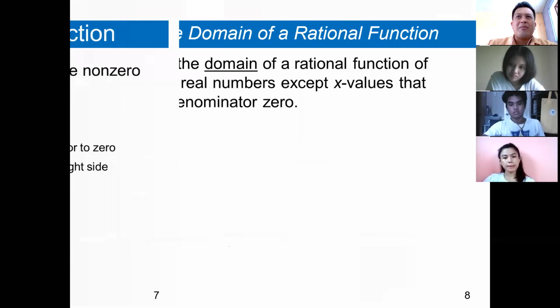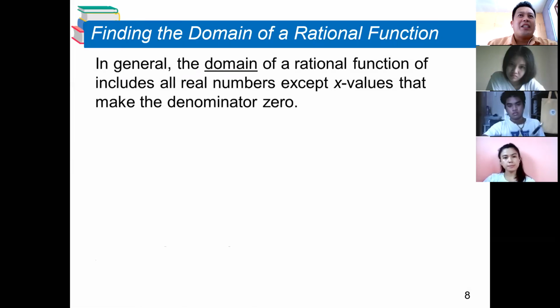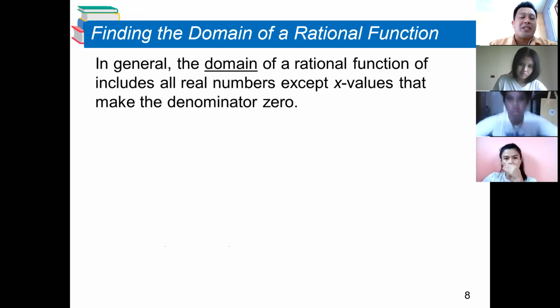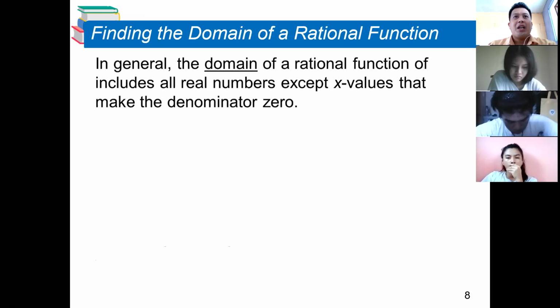So when you talk about the domain of your function, class, the domain of a rational function includes all real values, negative and positive values, fractions, decimals, all real numbers, except for the imaginary numbers, of course, which will make the function real, except for the values of your x that will make the denominator a 0.